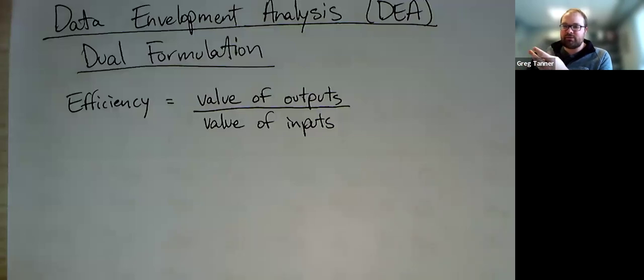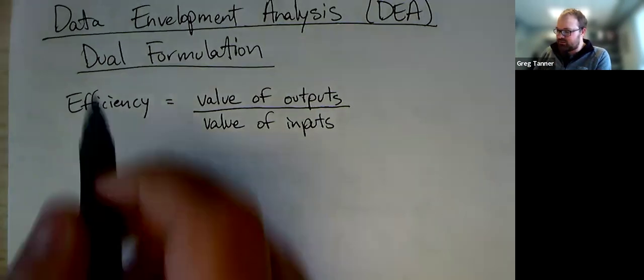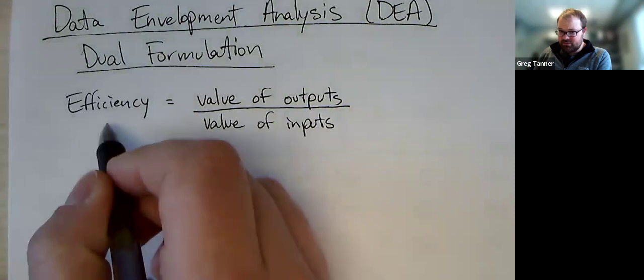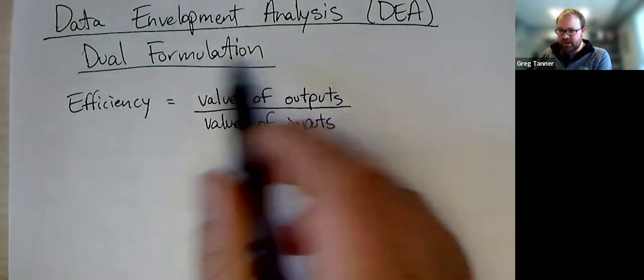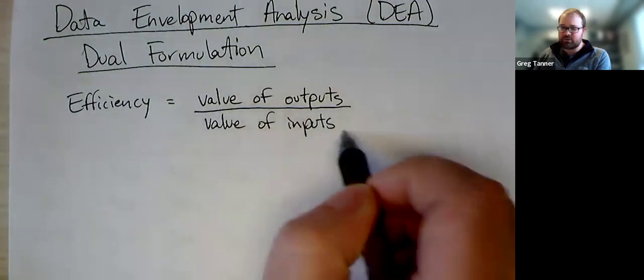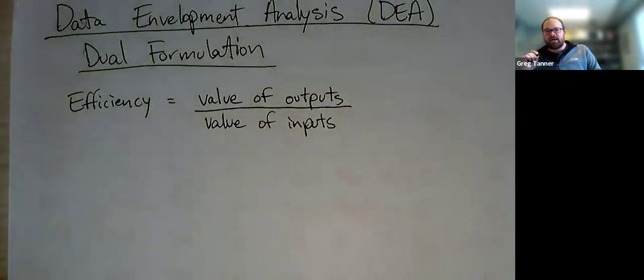We could probably do the same for each of our outputs, since those finished parts are sold and so they have a value. We can associate a dollar per unit of output with each of them. Then we can think of the efficiency of each of our DMUs as the dollar value of the outputs divided by the dollar value of the inputs. Now this relies on us knowing what those conversions are.